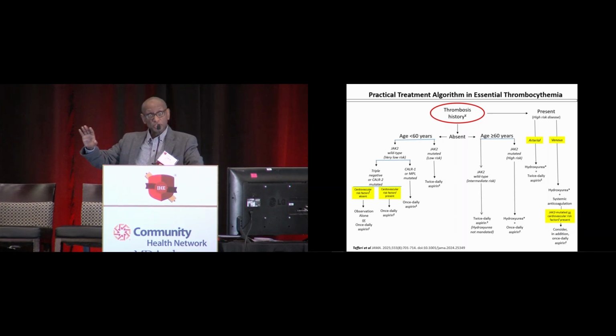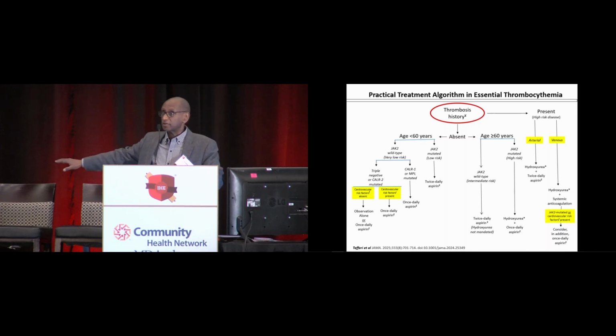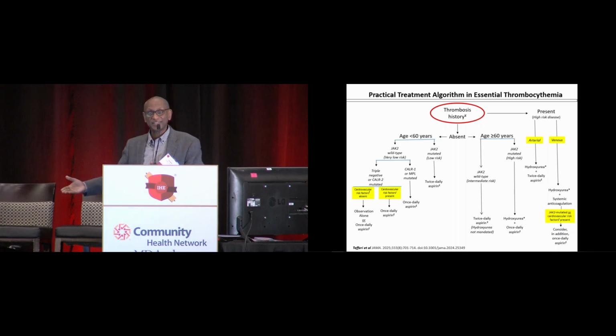So if you have a thrombosis history, that's high risk, meaning that patient requires cytoreductive therapy. Now, in addition, it depends on whether it's arterial or venous, and you need systemic anticoagulation if it's venous, and if it's arterial, you need aspirin. That's not the hard part. The hard part is what to use: hydroxyurea, interferon, whatever.